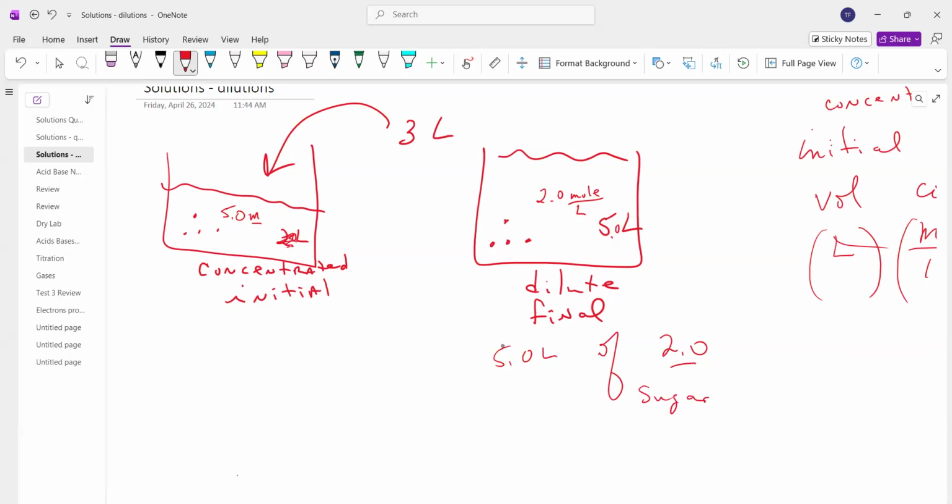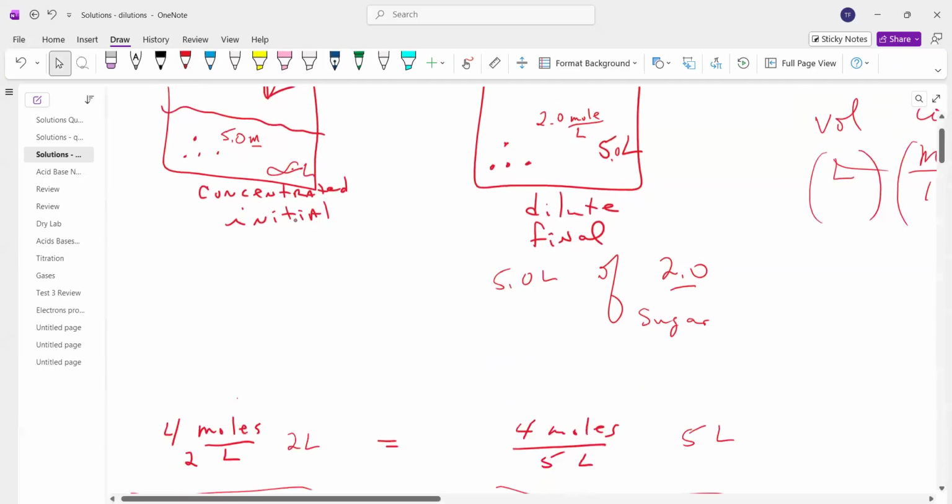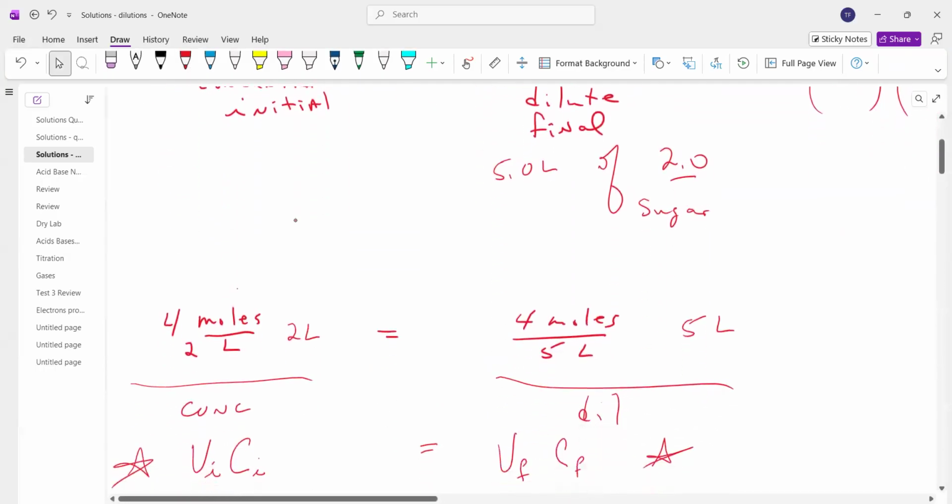Let's say we have as many liters of the concentrated as we need, a whole bunch of the concentrated stuff. How much do we need though to make that 5-liter 2 molar sugar solution? Okay, so now this is a dilution problem, right? We're diluting a concentrated starting material to the diluted final concentration. So we've got our equation just like this here.